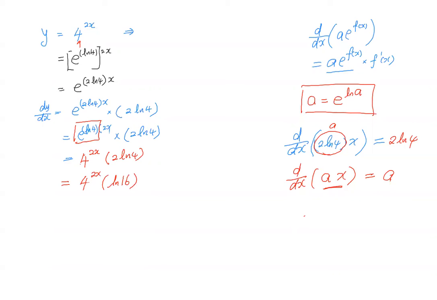Why? Because 2 ln 4 can be written as ln 4 squared, so this will be ln 16. Clear? Class? Hello? So that is your question 6 of exercise 2F.